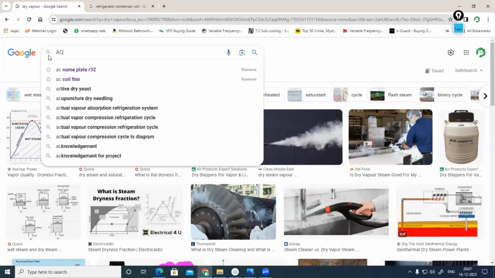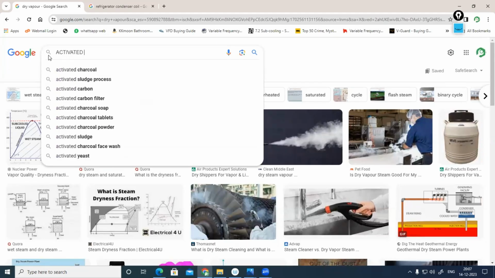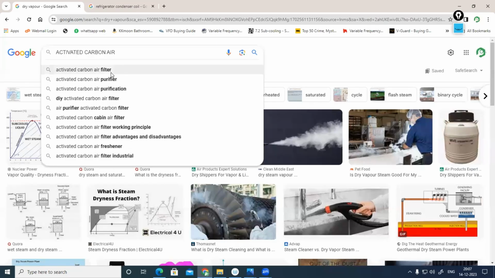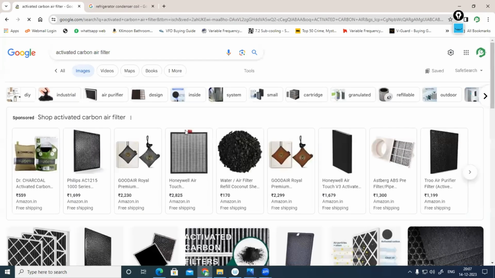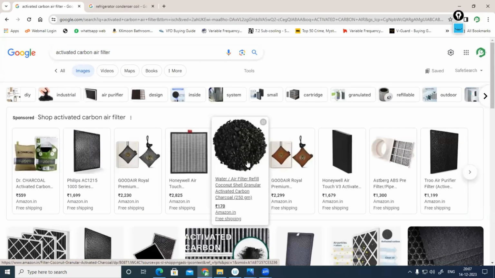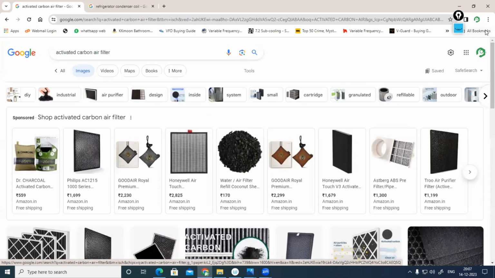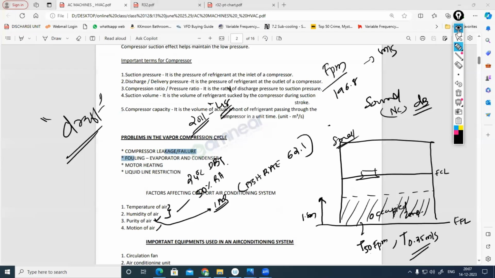Otherwise, these activated carbon air filters are available in the market. An activated carbon air filter can remove odor up to a certain extent. So these are the four important factors, along with sound and odor.